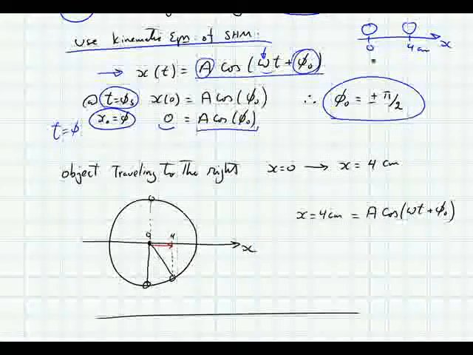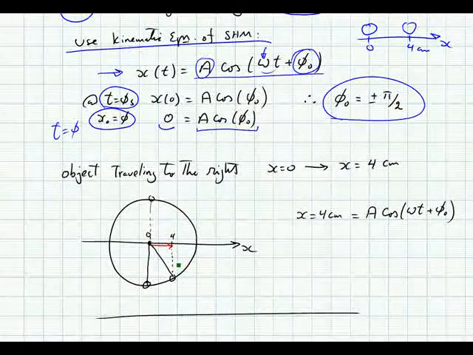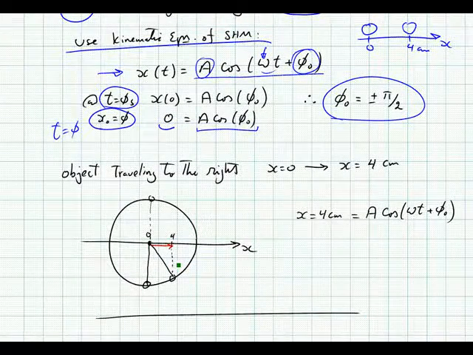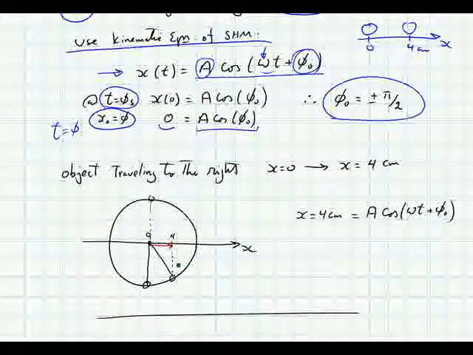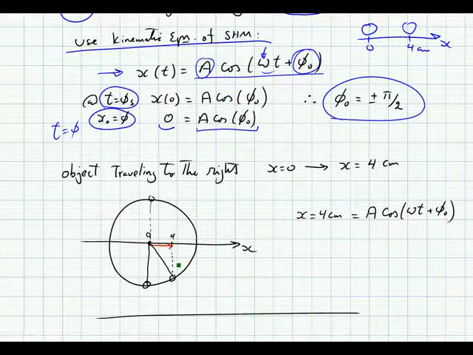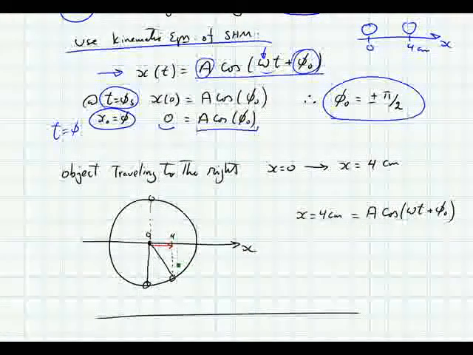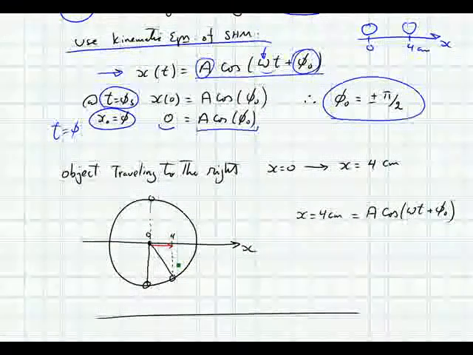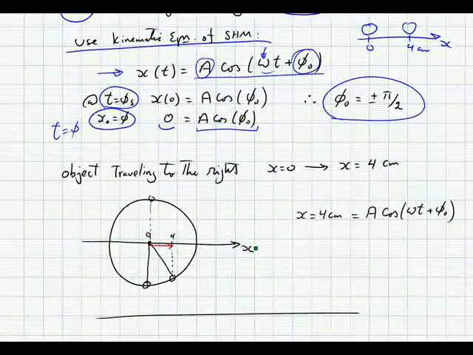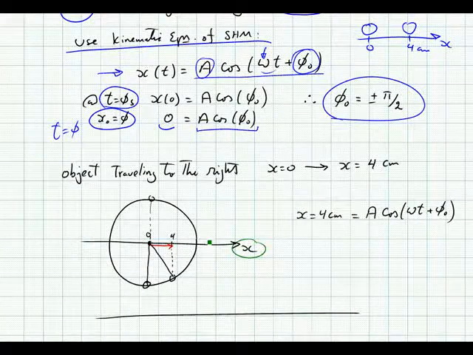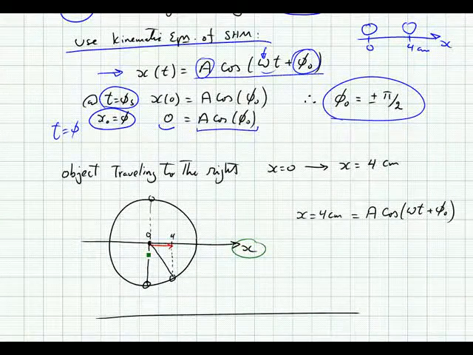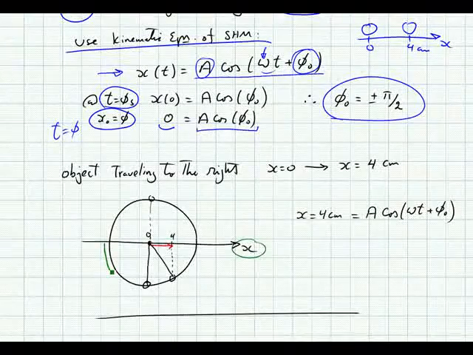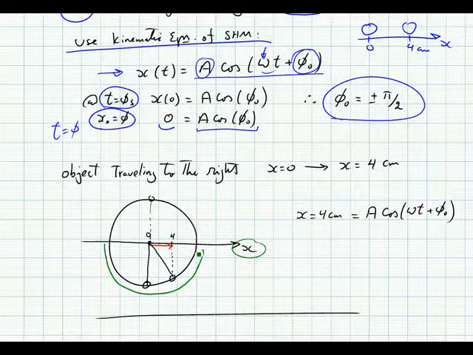Well, we know the object is traveling to the right, and in the previous lecture we said that simple harmonic motion can be described in terms of the projection of an object moving in a circular path, the projection along any diameter. So here if we take the horizontal diameter, and we'll call that x, if the object is moving to the right, then we are dealing with the lower half of the circular path.